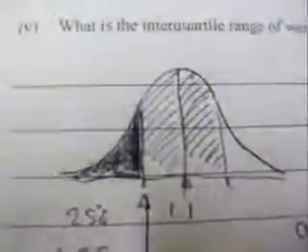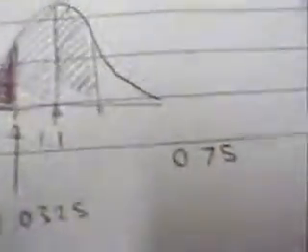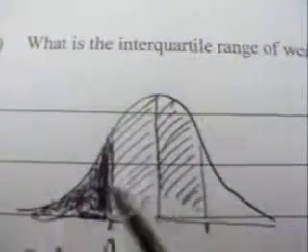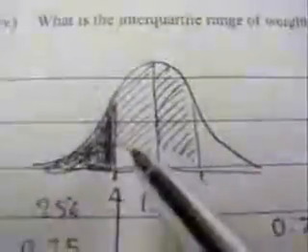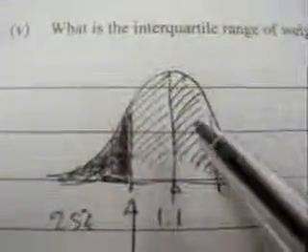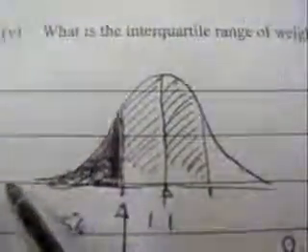0.75. Why are we going to use 0.75? Well, all of the shaded area here, all three bits, this first bit here is 25%, 25%, 25%. Altogether we have 75% shaded, and as I said, on this calculator you must have a lower boundary way down here, and you don't even enter that into the calculator.